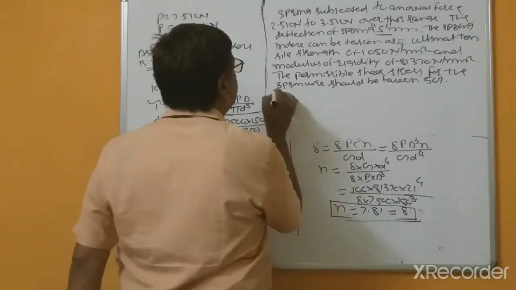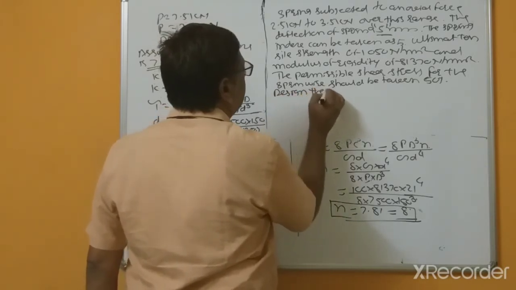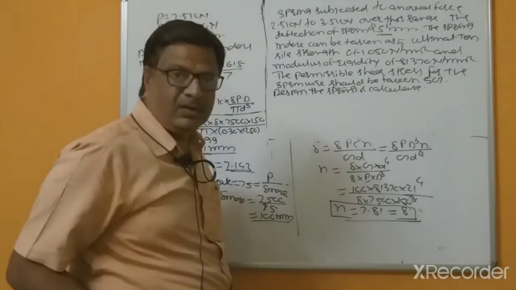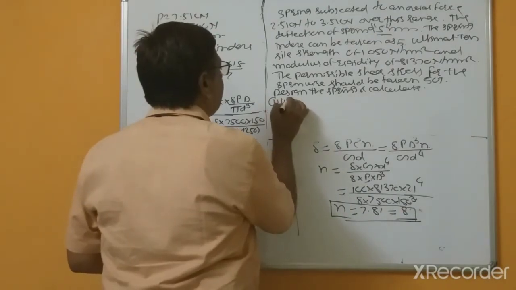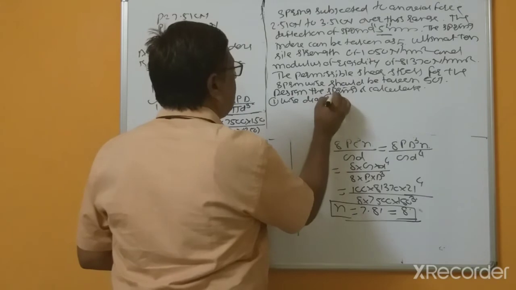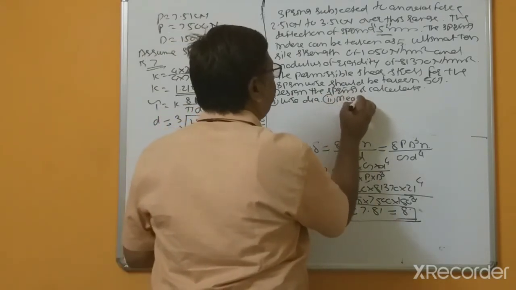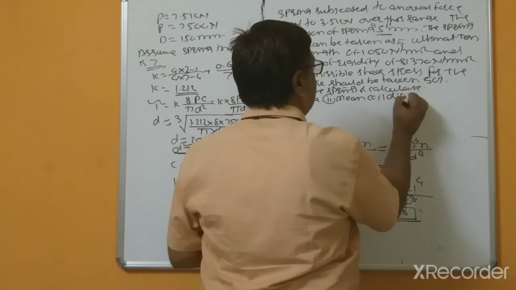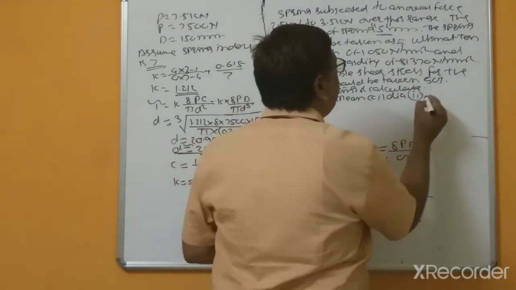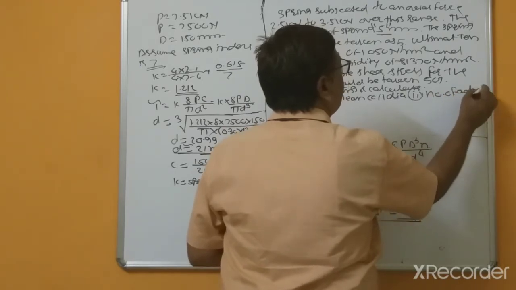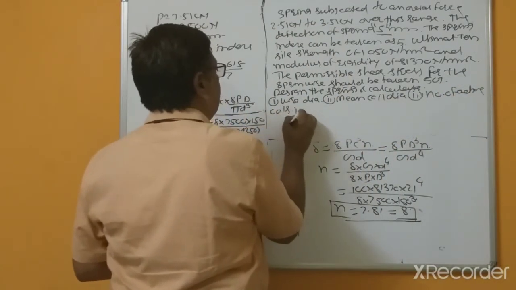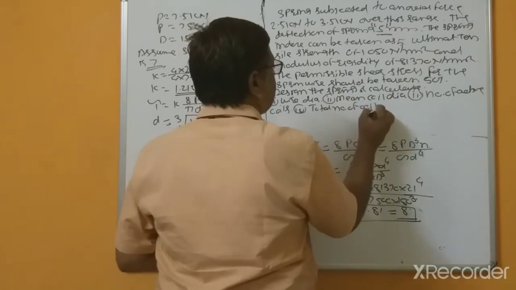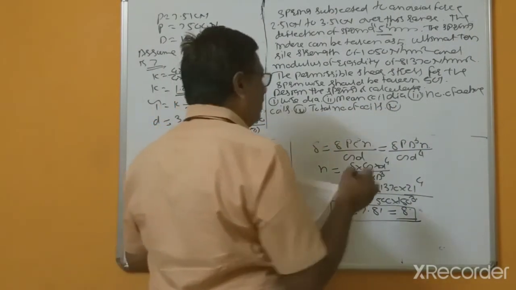Design the spring and calculate. First bit wire diameter, second bit mean coil diameter, third bit number of active coils, fourth bit total number of coils, fifth bit solid length.